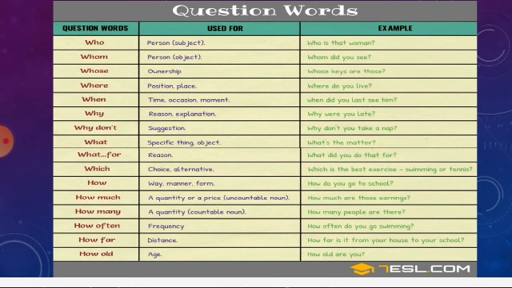Is it clear? So as I go on, we will look at each WH question word. I will tell you for what it is used, and maybe I will give you 2 or 3 examples for each. Okay. Now let us look at the first one there.